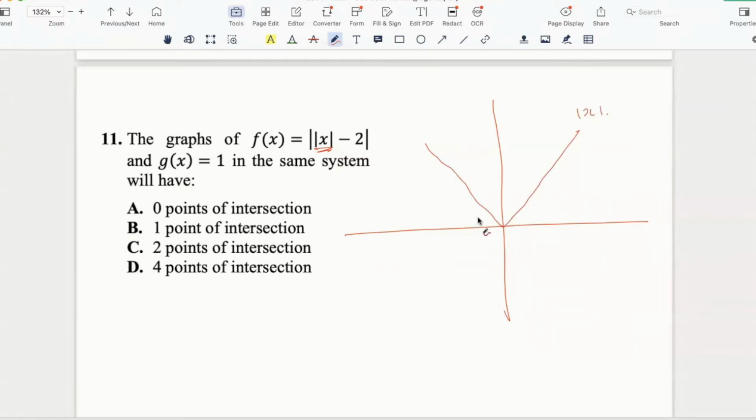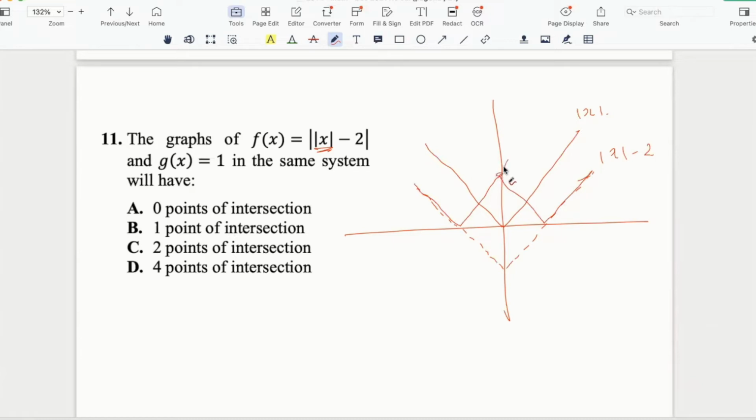Absolute x minus 2 will be 2 units below that. And then the absolute value of the whole of that will just be the mirror image of this graph wherever it is below the x-axis. So that would be this graph, this one, this, and this, right?